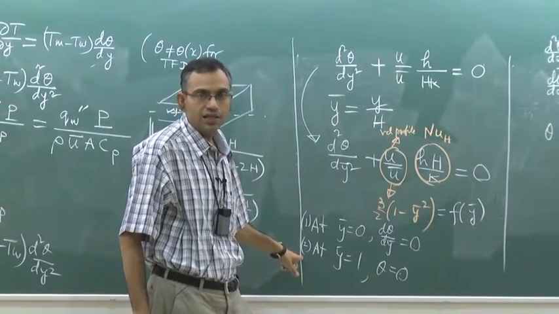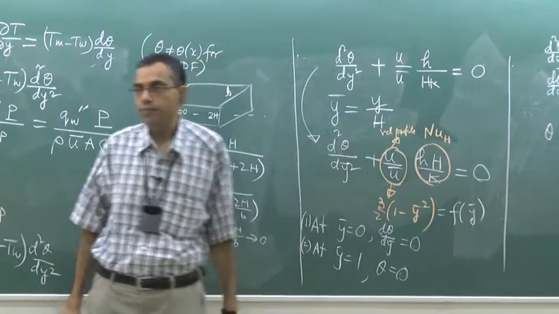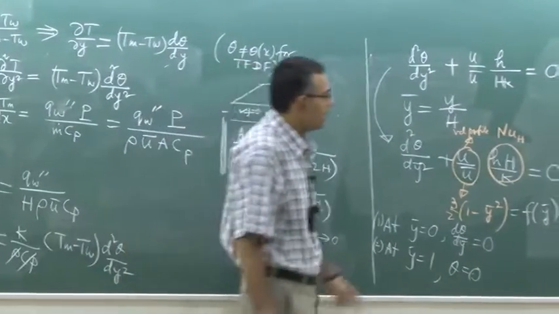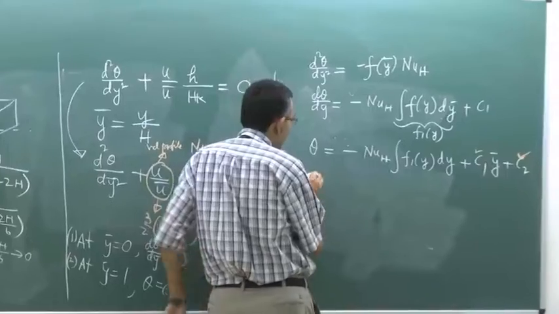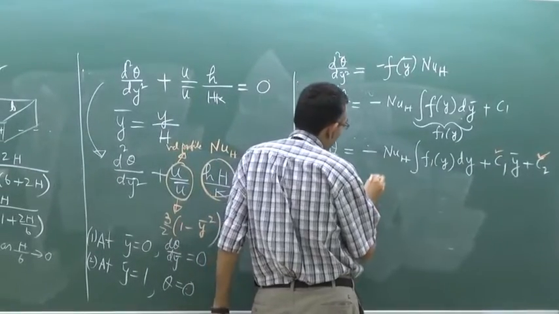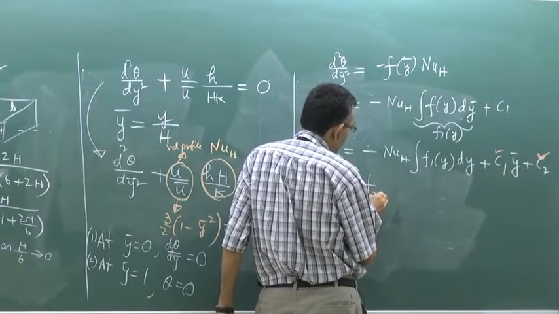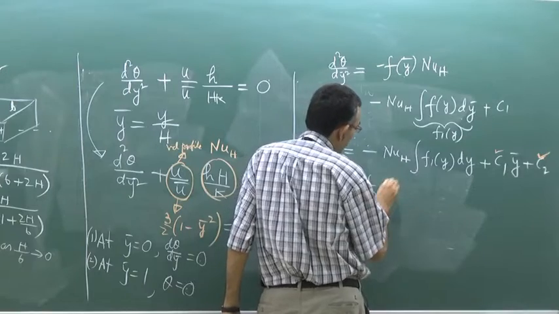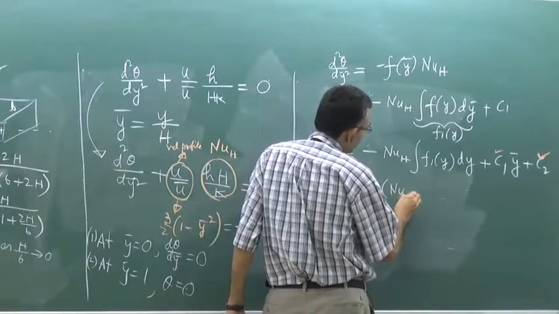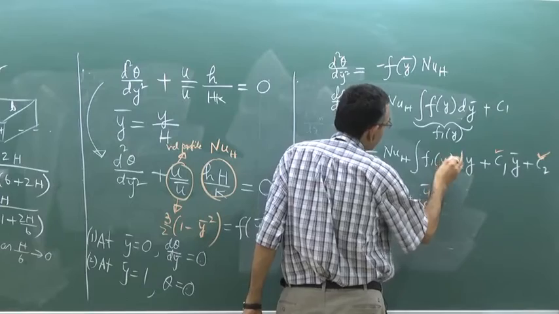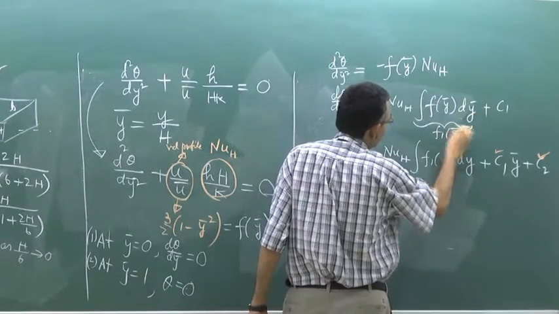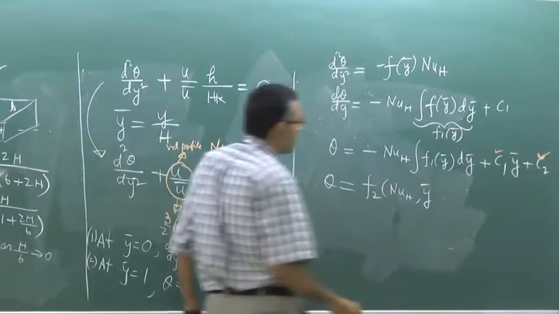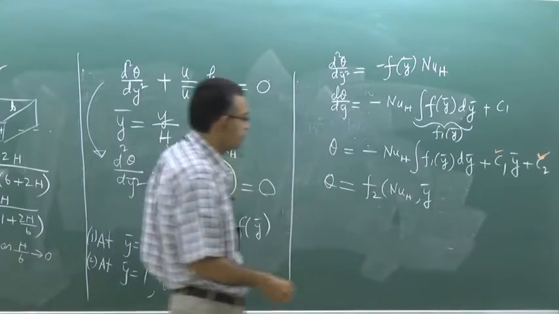But does this solve the problem? You have an expression for theta as some function f2 of Nusselt number and y. These are all non-dimensional y, so make this y bar.